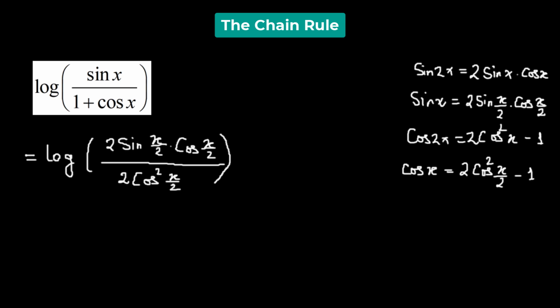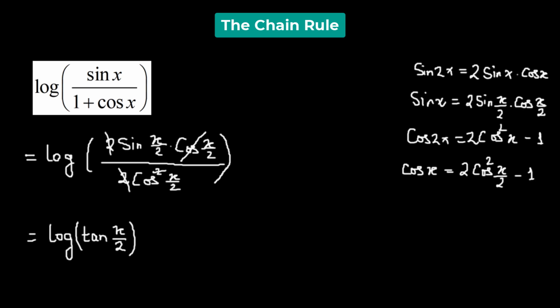Now we can cancel out one cosine of x over 2 from the numerator and the denominator. We can also cancel out the 2. So we have sine x over 2 divided by cosine x over 2. And the ratio of sine over cos is simply the tangent function. So we have tangent of x over 2.